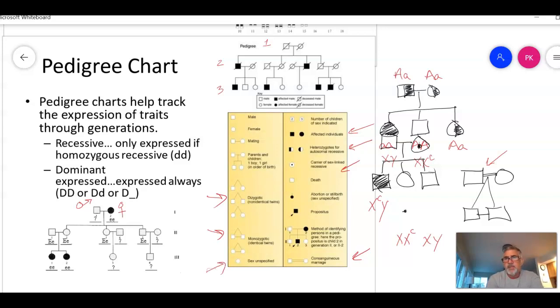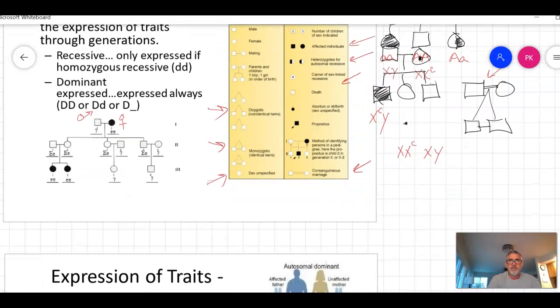A diamond would be sex unspecified. Usually that's if you're getting reports. I know they had a child, but I don't know what the child was. We'd use a diamond. You have abortions. So there's a whole bunch of different things. Okay, so those are pedigrees, and we use pedigree charts to document relatedness.